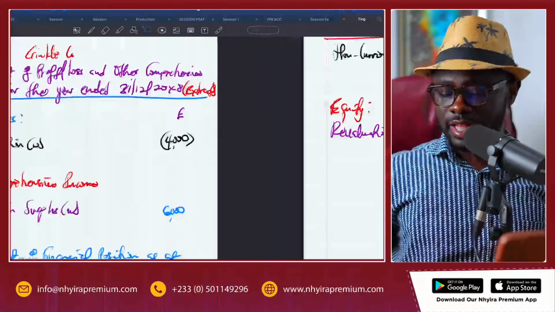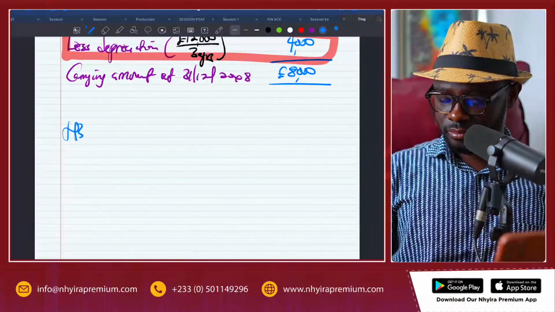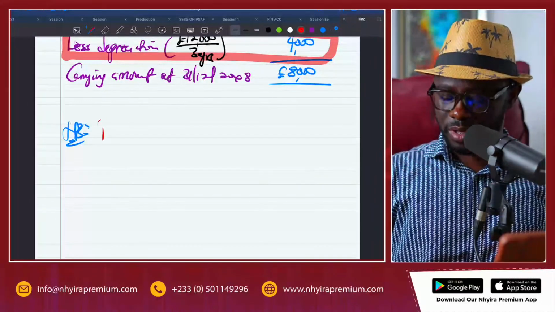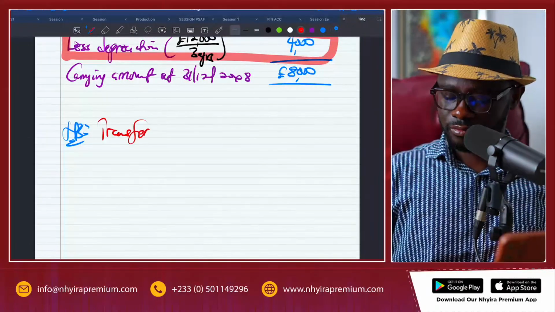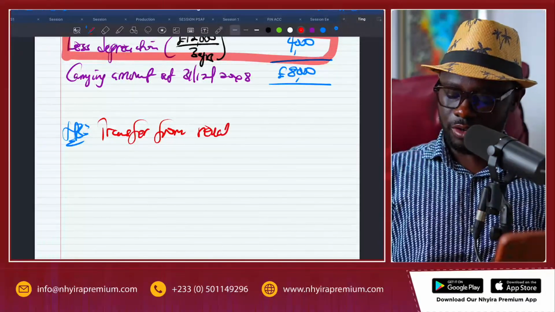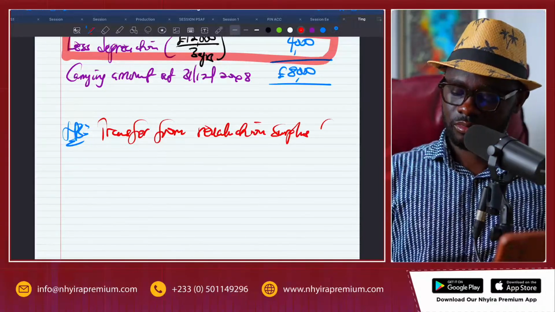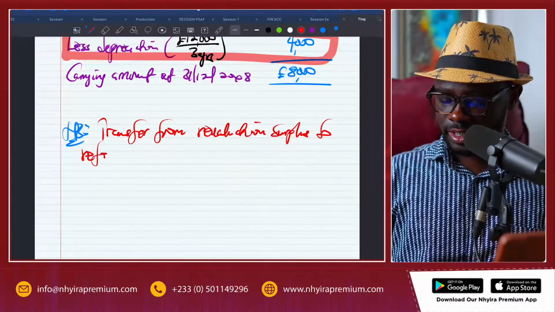So assuming the entity is doing a transfer to compensate the shareholders. So transfer from revaluation surplus to retained earnings.